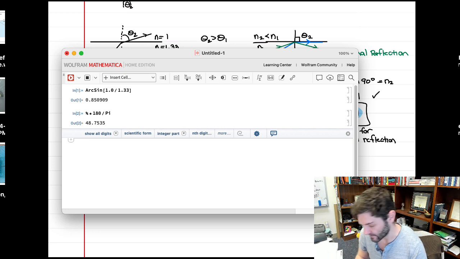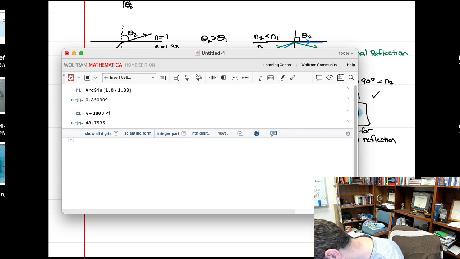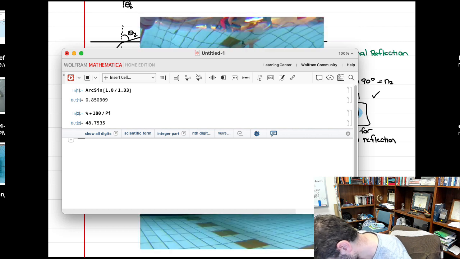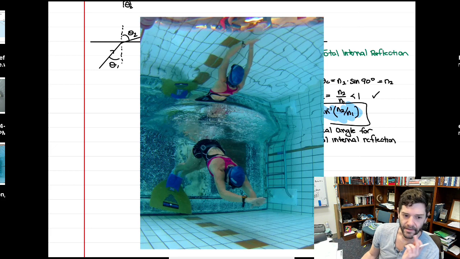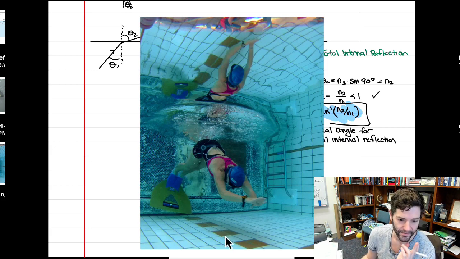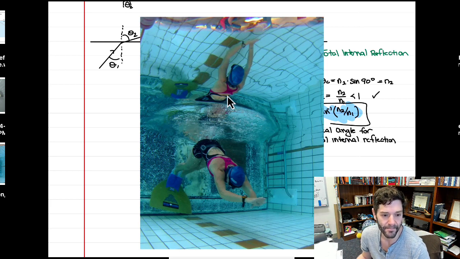And you maybe have seen this. I think I have a picture of it. Yeah, something like this. Well, I guess I gotta get Mathematica out of the way. Here's an example of total internal reflection of, you're looking up kind of underwater, looking up at the surface of the water where it goes to air, but you're at an angle that the image of the swimmer is going up, it's reflecting off the interface and then coming towards you, out of the screen, out of the page to your eyeball, rather than going exactly through.